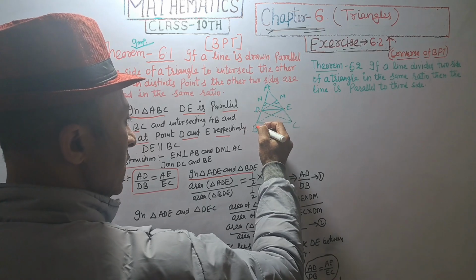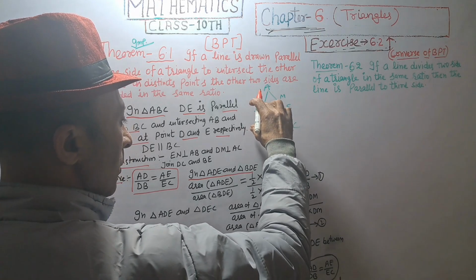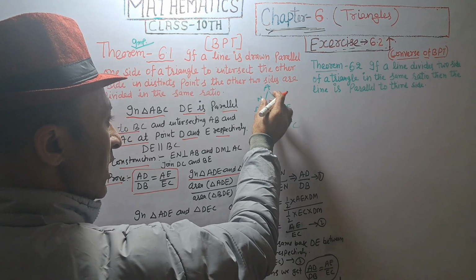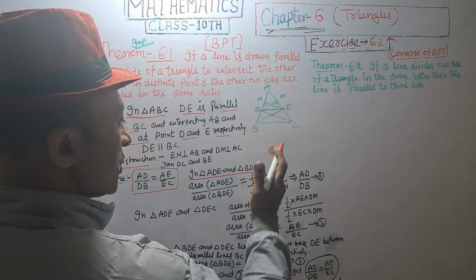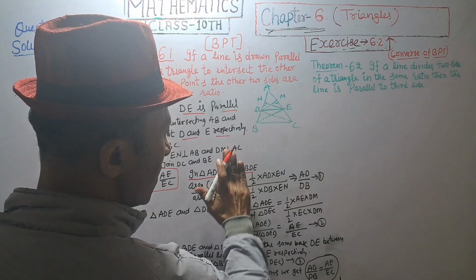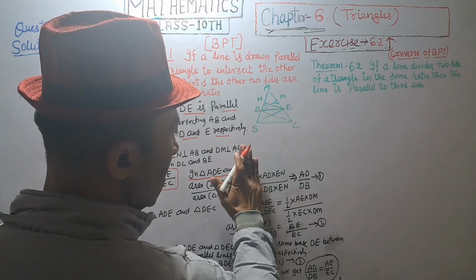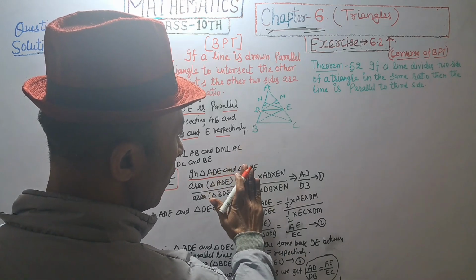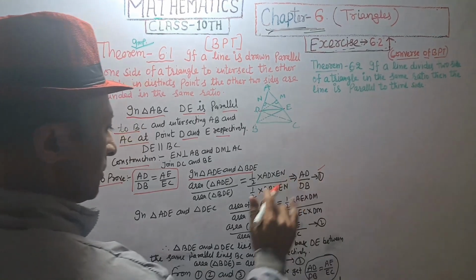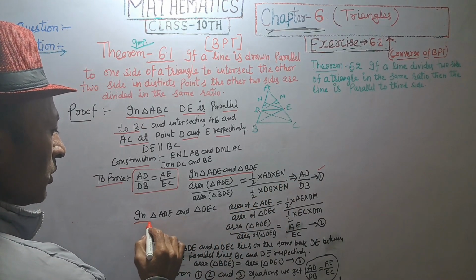And in triangle BDE, base is DB and height is the same EN. So we get AD upon DB, that is equation number first.